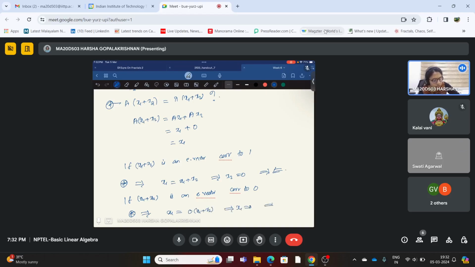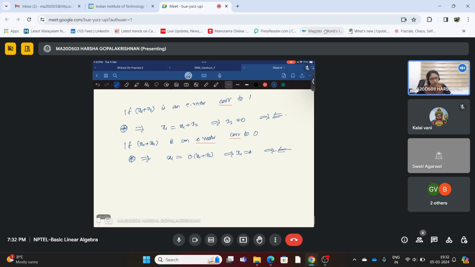This is again a contradiction, because x1 is also an eigenvector, so it cannot be 0. So x1 plus x2 is not an eigenvector corresponding to 1 or to 0. That implies x1 plus x2 is not an eigenvector.